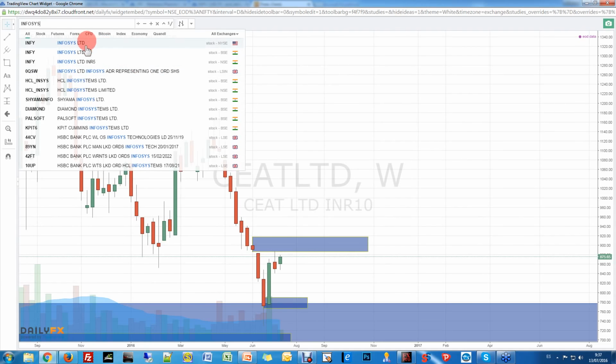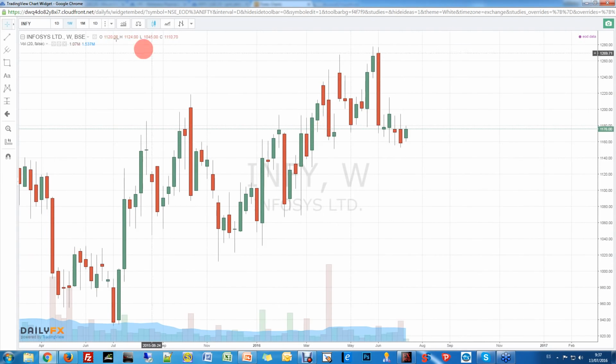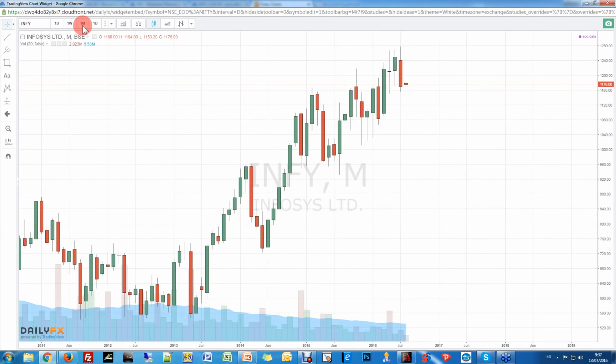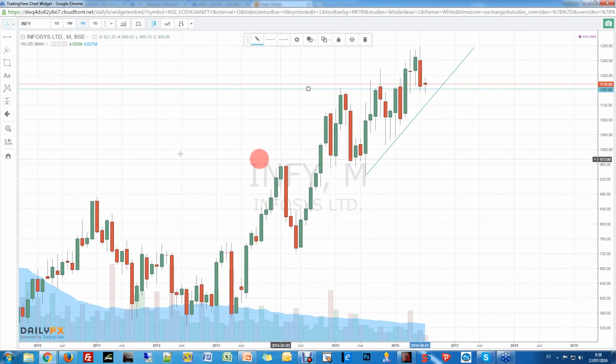Infosys, I guess should be this one, isn't it? Second one. This one is tricky. Tricky, but long bias, nevertheless. Monthly uptrend, monthly bullish engulfing pattern, bullish proximal line, bullish engulfing pattern being tested, printing all-time highs, long bias.